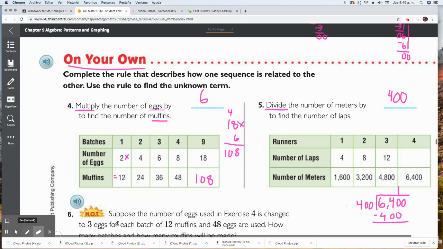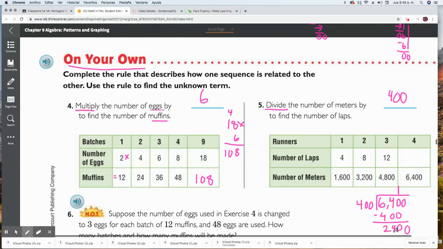So 6 minus 4 is 2, right? And then I bring the 2 down.